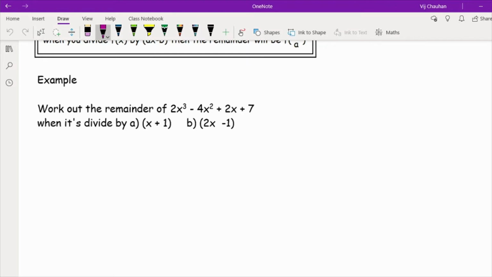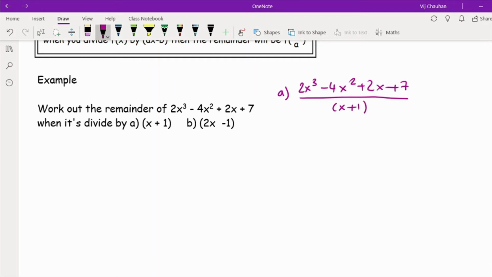So in terms of part A, what it's actually doing is, if I was to divide all of this by x plus 1, then what would the remainder be?